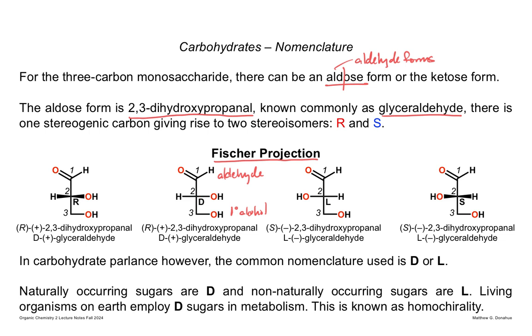So again, we have one stereocenter, so 2 stereoisomers, and these are mirror images. So notice that's the big L stereoisomer, and then the optical rotation is now negative. So historically, the D and L refer to the penultimate.